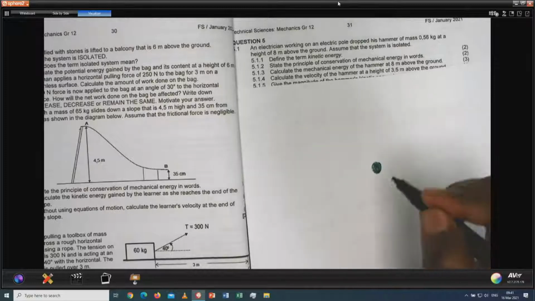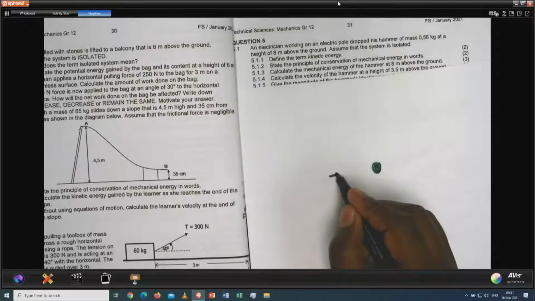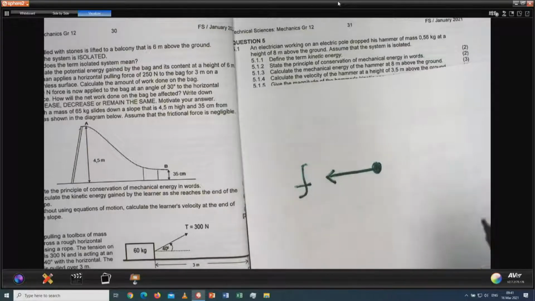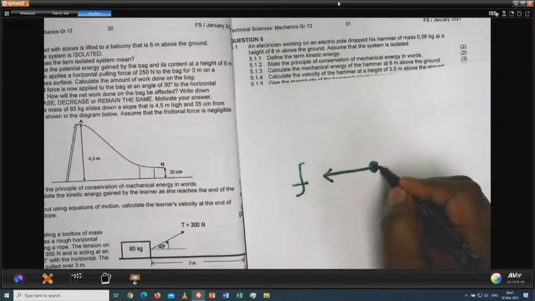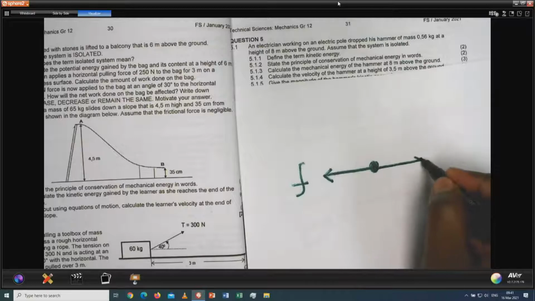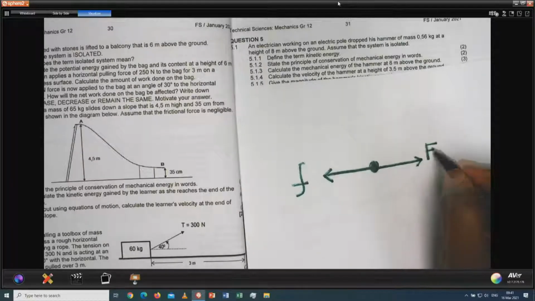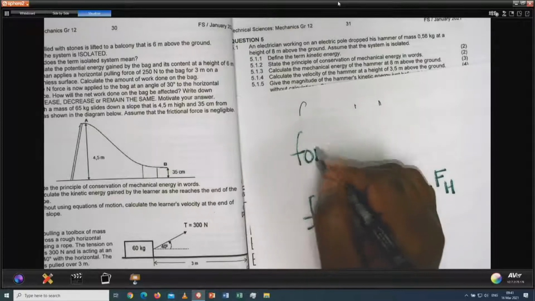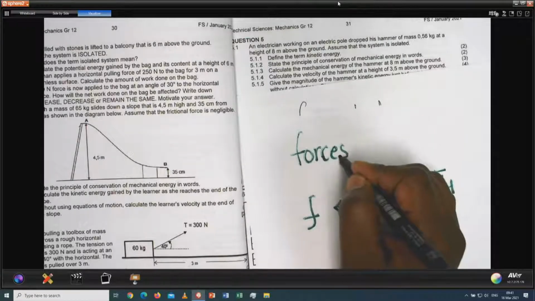Now I'm going to only include the forces which are doing work on the object, so that you don't get confused.